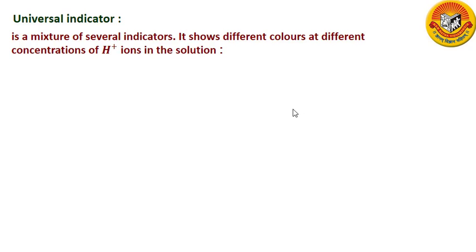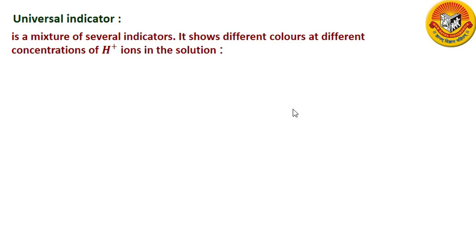The color produced is used to find the pH value of the solution by matching it with the pH color chart. And knowing the pH value, we can tell whether the given solution is a strong acid, weak acid, strong base, or weak base.